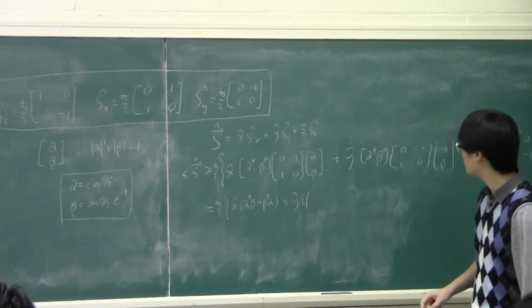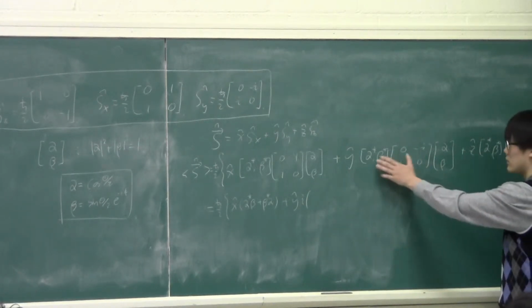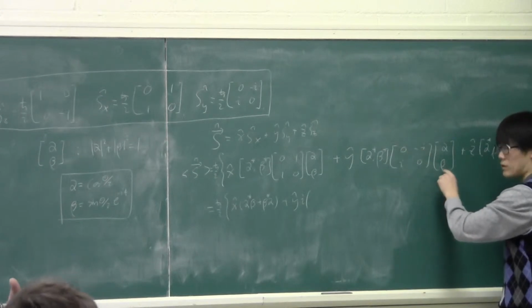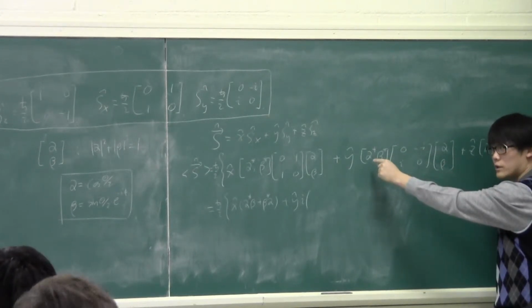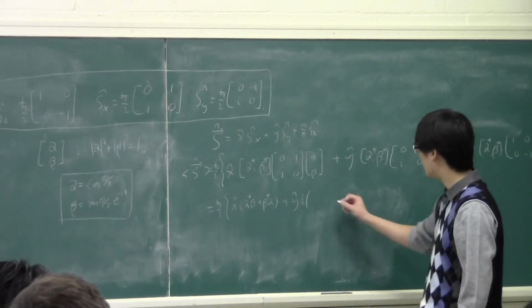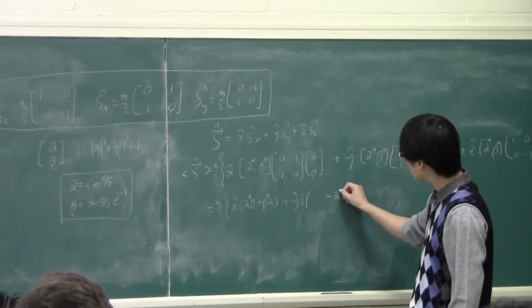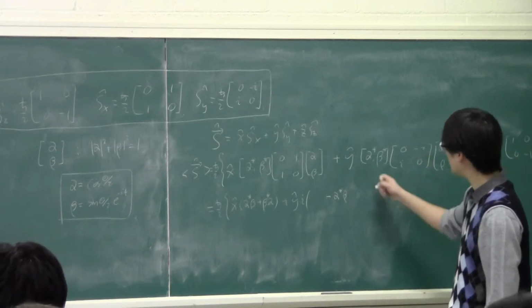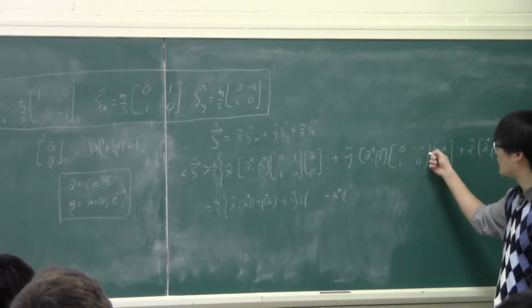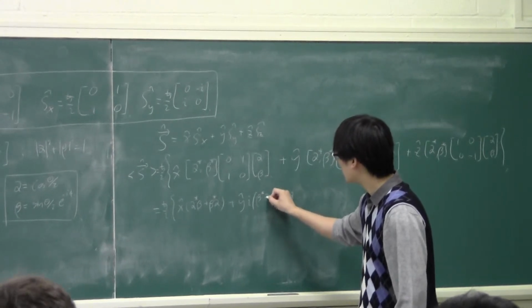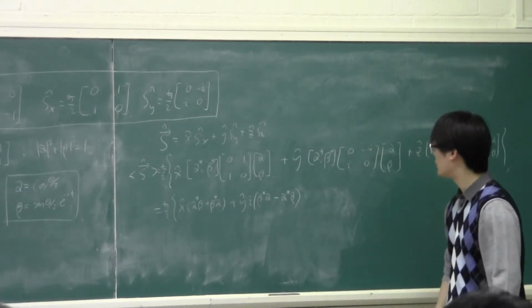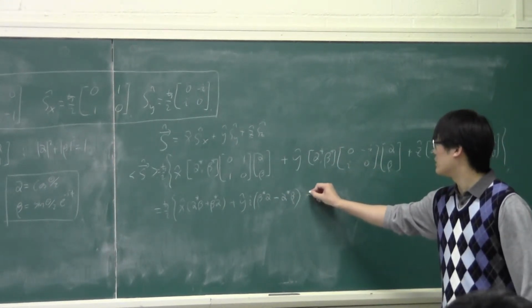Minus i goes with the beta, and then this beta goes with alpha conjugate. This has a minus now, so this is minus alpha conjugate beta. And then plus beta conjugate alpha.